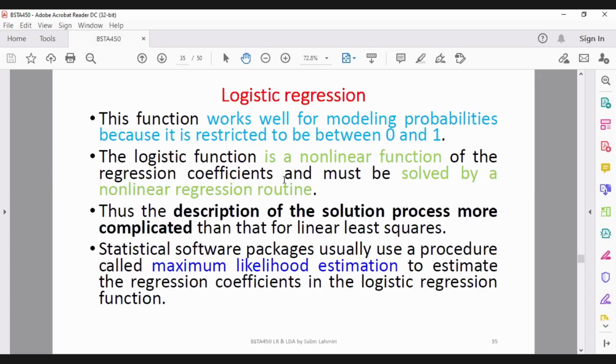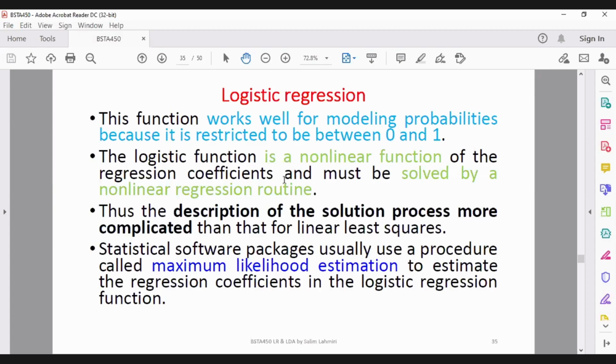The description of the solution process is more complicated than least squares because it requires derivations with respect to probabilities, which is out of scope of this lecture.